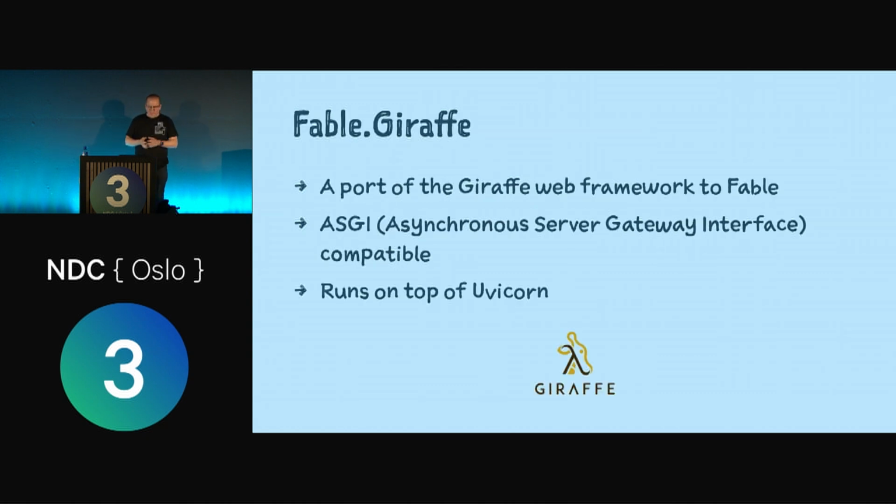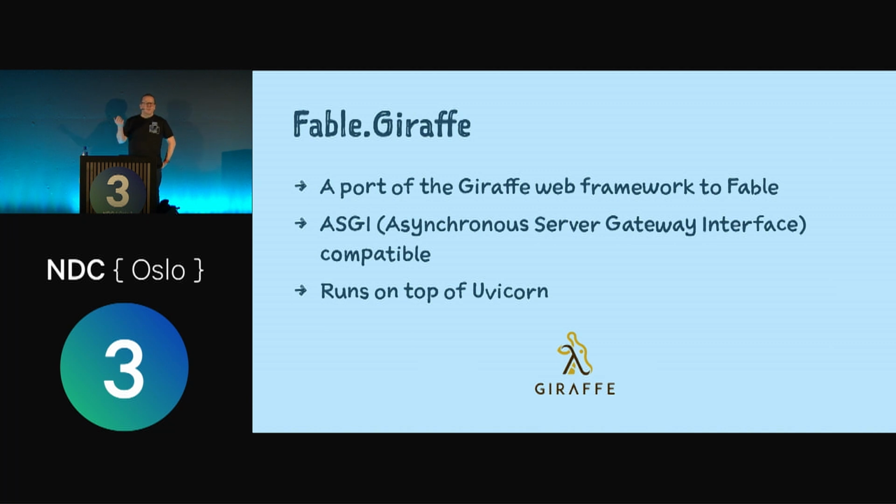So I started looking at Fable Giraffe. We have heard in other talks that if you want to start with F#, you should use a Giraffe web server. And Giraffe is this beast that runs on top of ASP.NET, which runs on top of Kestrel, this magnificent, super fast web server core, or what we should call it.